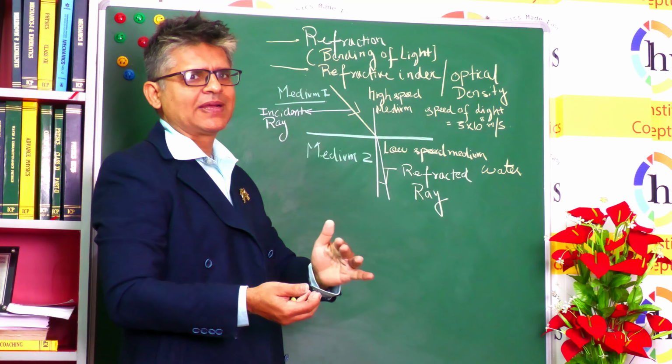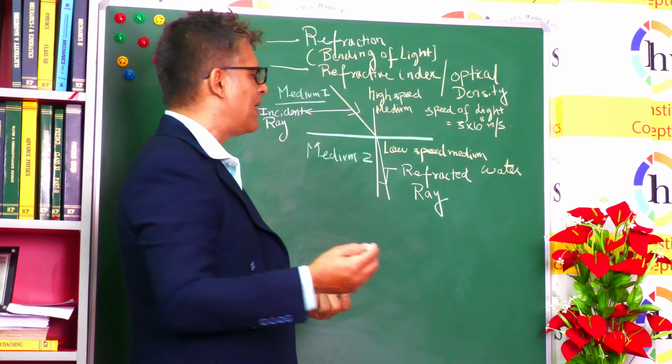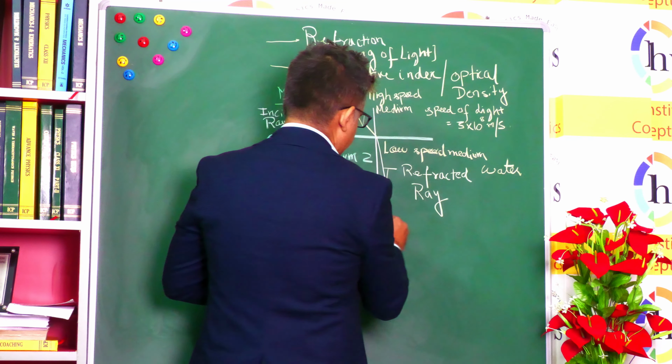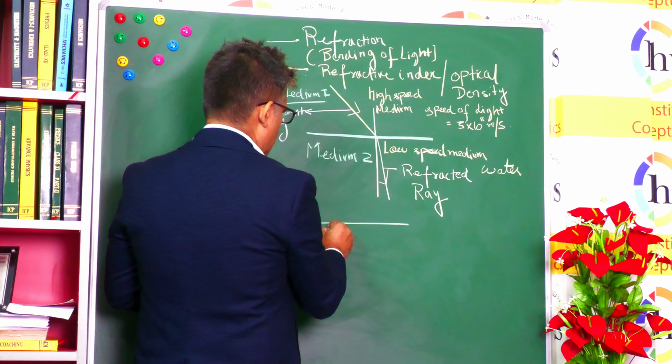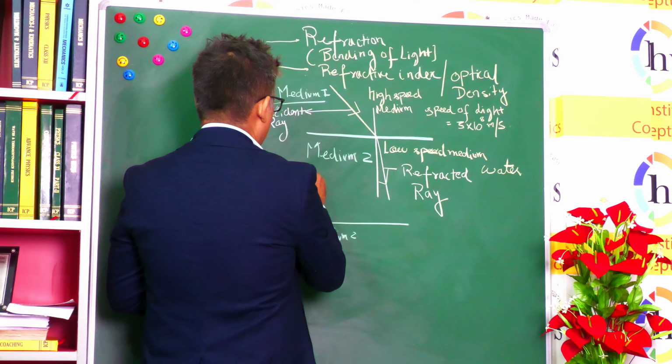Now let's talk about the more popular way of looking at refraction, which is straight away bending. So you have an interface between the two surfaces. You have a medium 2 and you have medium 1.